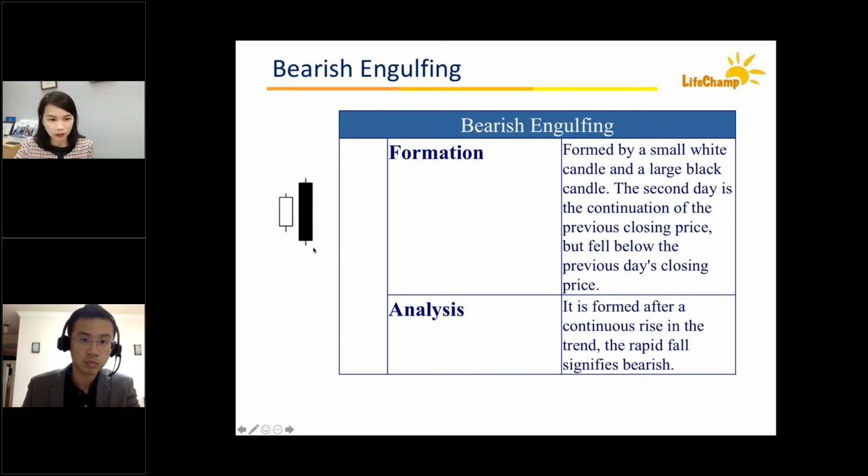So this whole day was a down day, and it was a very bad day indeed. Very bad situation. So this kind of bearish engulfing will be like 3-star strength.